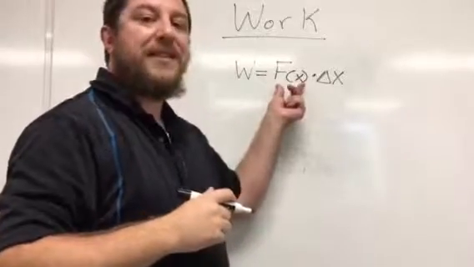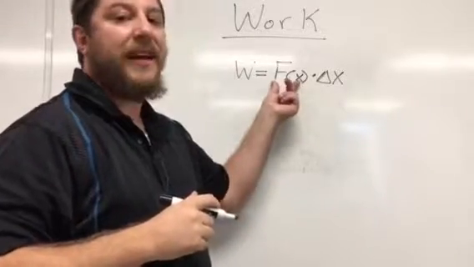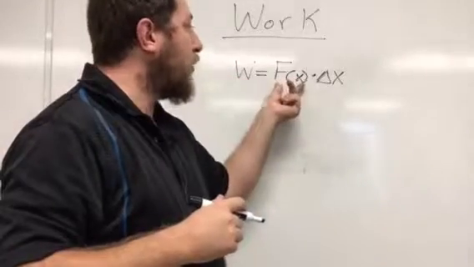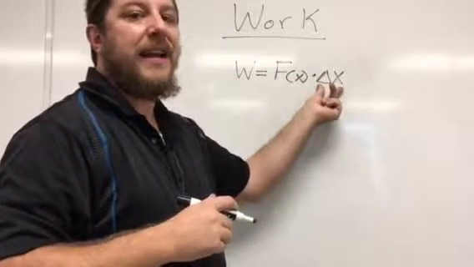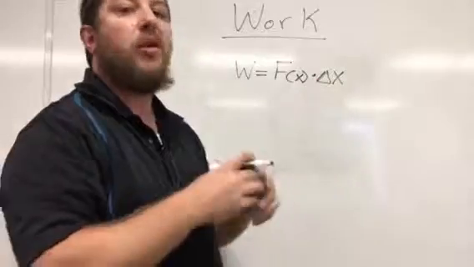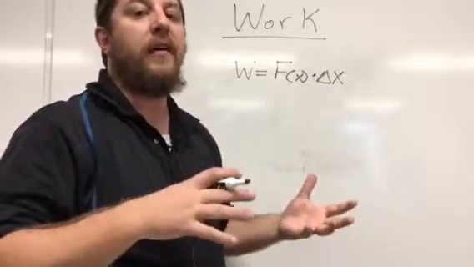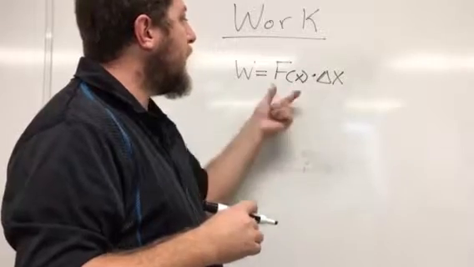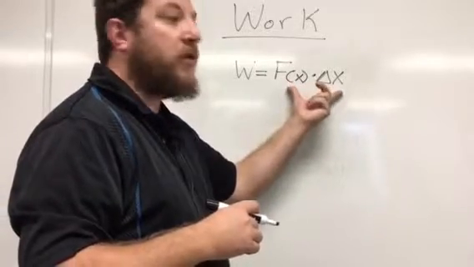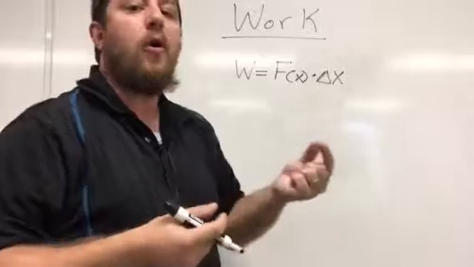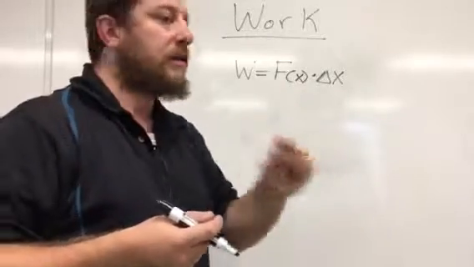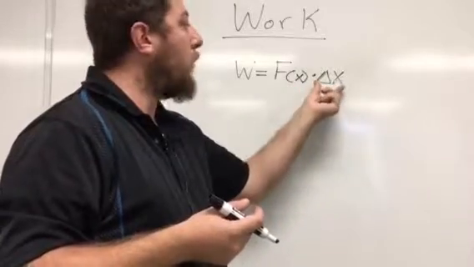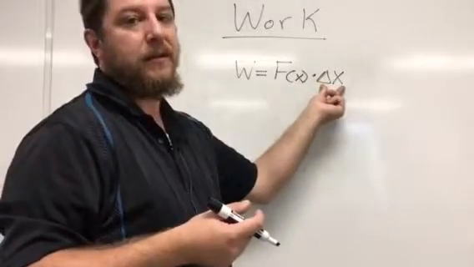But if force is some function of position, it's not just a constant value, then the amount of work done over each tiny increment delta x is going to vary over the course of the path. And what that means is that I need to add up all of the little tiny chunks of the product over each tiny chunk of delta x.